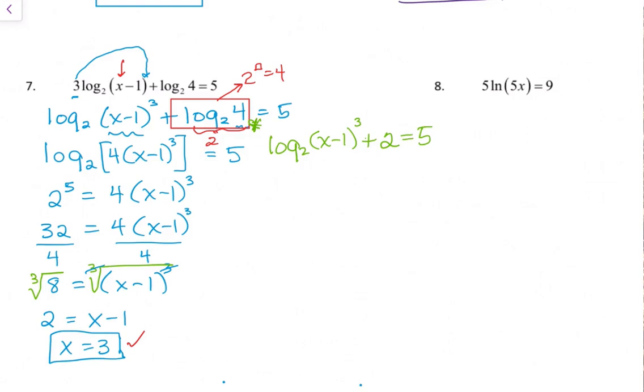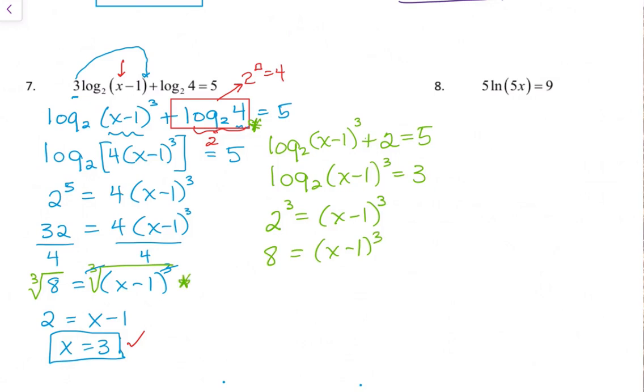So now what I would do is subtract that 2 from both sides, so that now when I write it as an exponential, my base, my power equals my argument. Notice that when I do the 2 cubed, I am picking up right here in the previous approach.